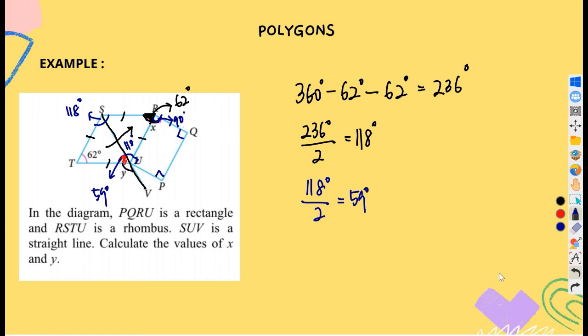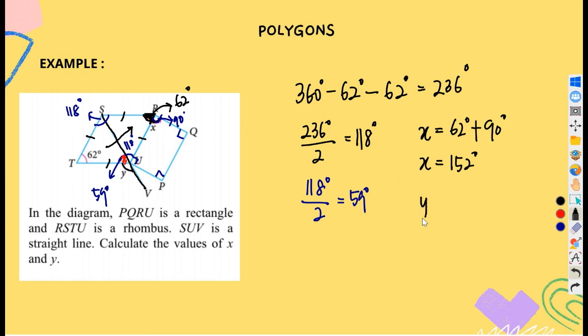Now we can find the angle of X. X is equals to 62 degrees plus 90 degrees. So X is equals to 152 degrees. Now we want to find Y. We already know this one is a straight line. SUV is a straight line.